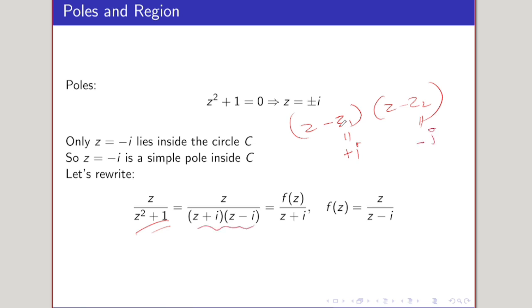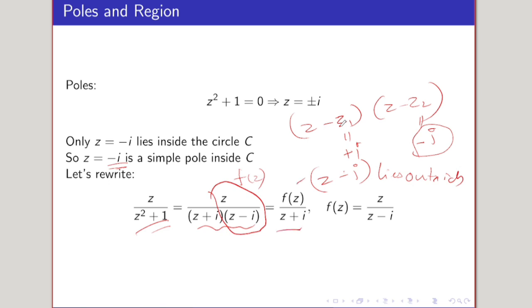So these are the factors, and minus i lies inside, minus i lies inside, na? So this lies inside the circle. So the z minus i factor lies outside, so therefore I am taking this as f of z. So here it comes f of z by z plus i.